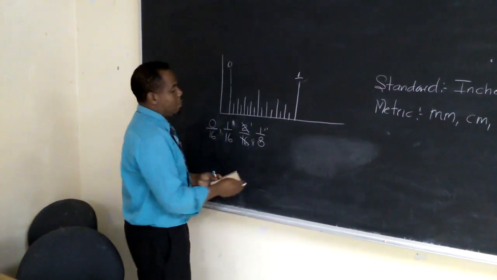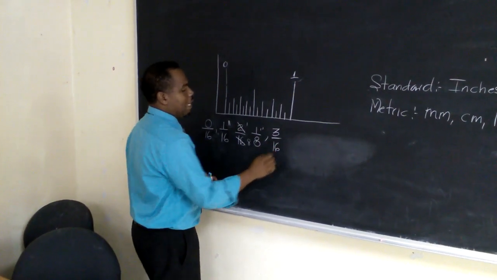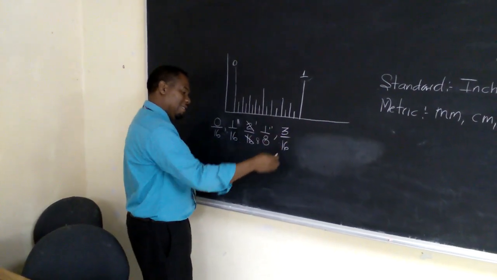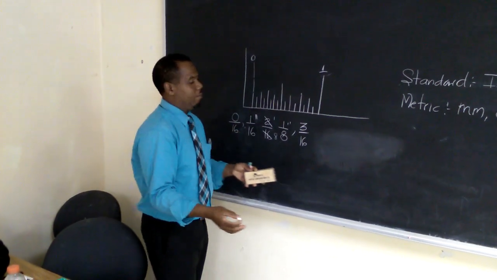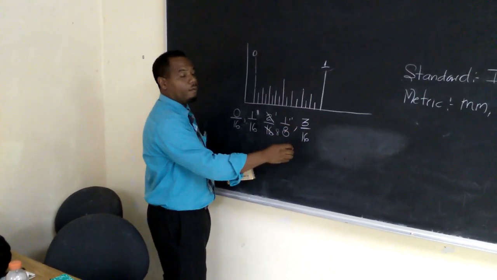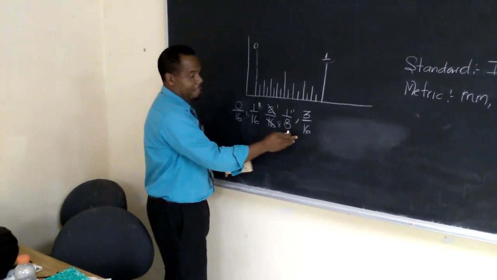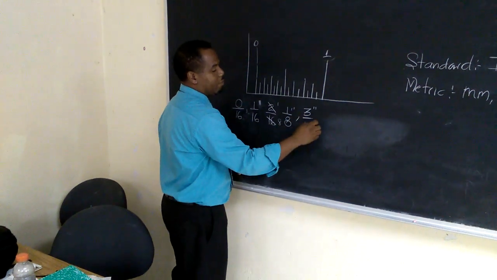We will continue to count on to 3. And if we should check, we would realize that there is no number that will divide 3 and 16 without leaving a remainder, unless we're going to use 1. Therefore, as a fraction here, we cannot simplify this. It remains 3/16 of an inch.